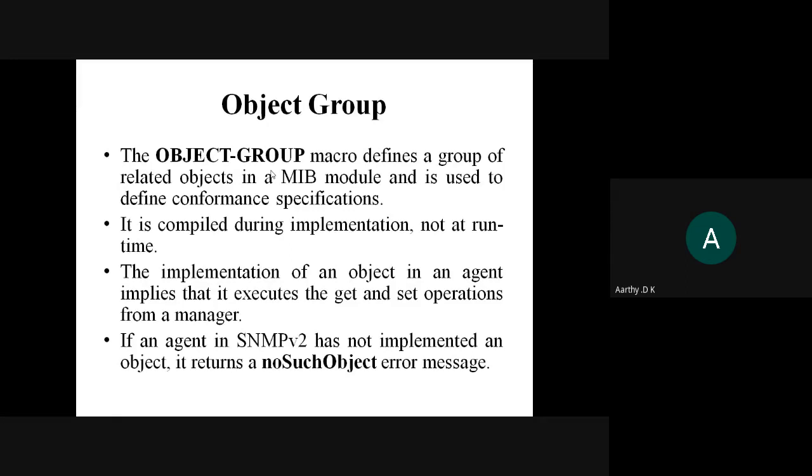If no such object exists, or if we have an error during the implementation, then it will return a no such object error message. If you are grouping objects and you expect a particular object in that group, and that object doesn't exist, then we have the no such object error message. So the object group is a macro which groups a set of related managed objects.